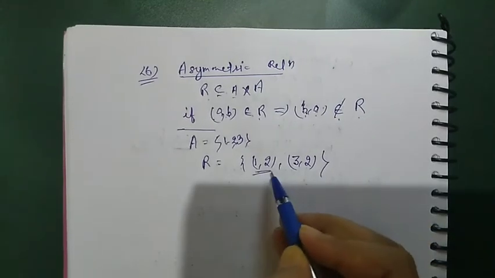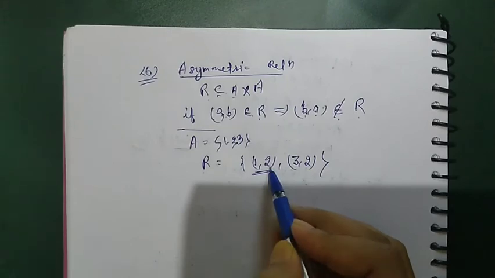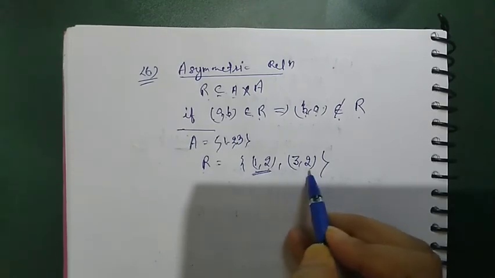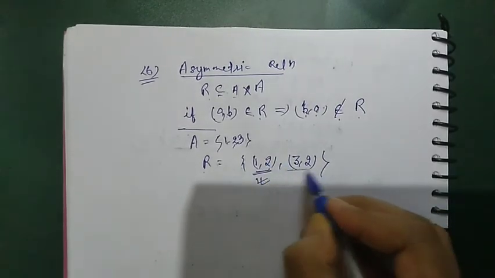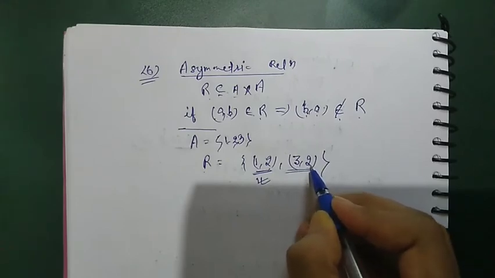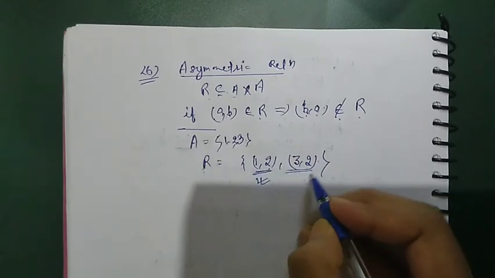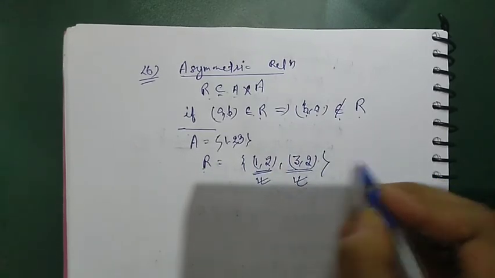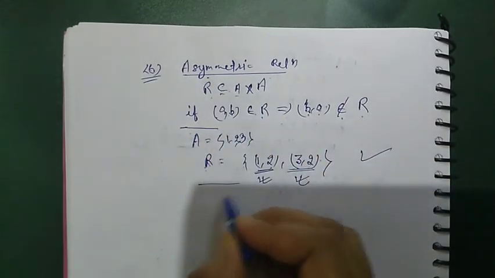First take the first ordered pair from the relation, which is (1,2). The converse is (2,1), which is not here, so this is okay for this element. Now check the second ordered pair, which is (3,2). The converse is (2,3), which is also not in this relation. So this is okay for this element also. So this relation is an asymmetric relation.